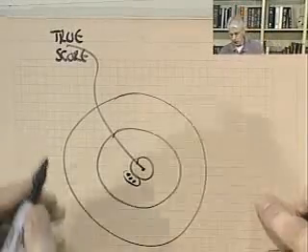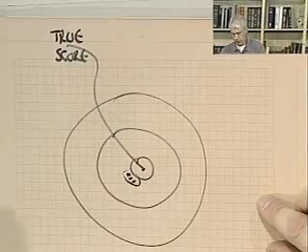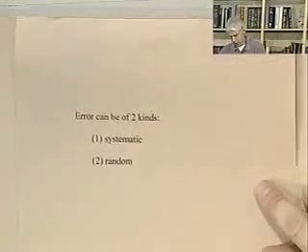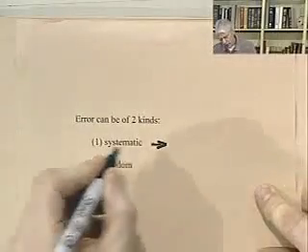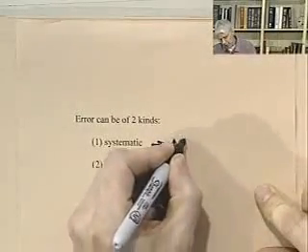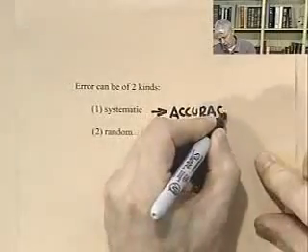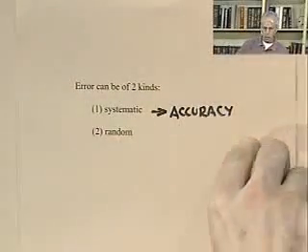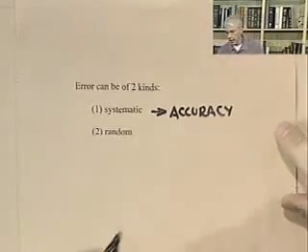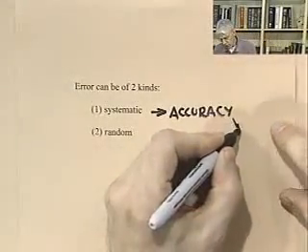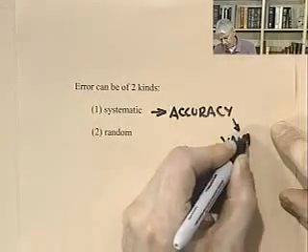The point of this is that systematic error affects the accuracy of scores, the accuracy of observed scores. And because it affects the accuracy of observed scores, it is associated with measurement validity.